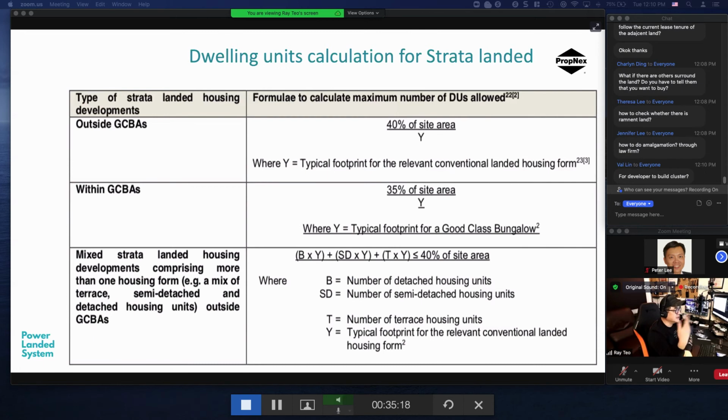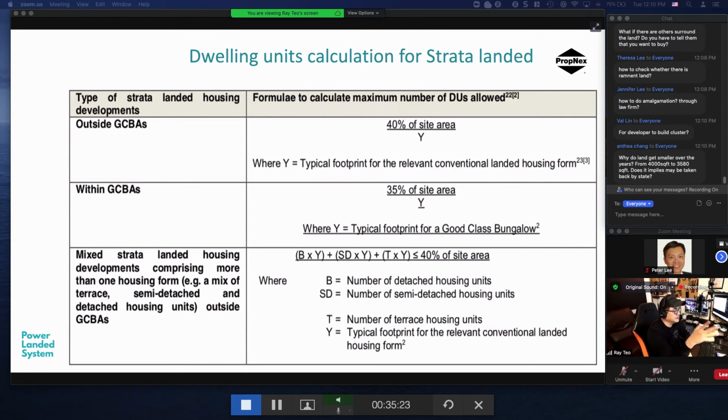Some of the things they are exploring is to build a cluster. How many units you can build outside GCB areas, you can also build a cluster, or inside a GCB area you can also build a cluster. A lot of people do not know this. But most people won't do that in a GCB area, because it would somehow devalue the land price, I think.